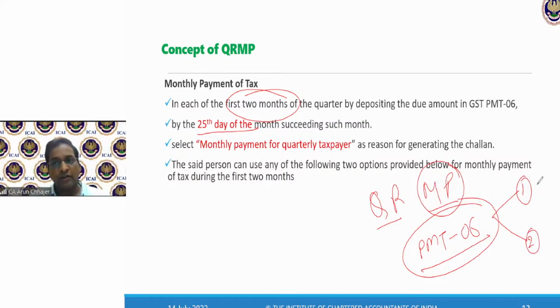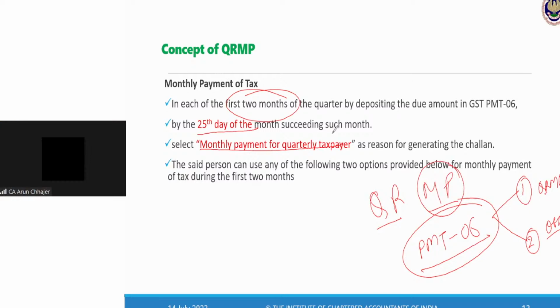The first option is for QRMP taxpayer and the second for others. If I am paying the taxes because of QRMP by 25th, then I will select this option, exact name, monthly payment for quarterly taxpayer. क्या option है? Monthly payment for quarterly taxpayer.